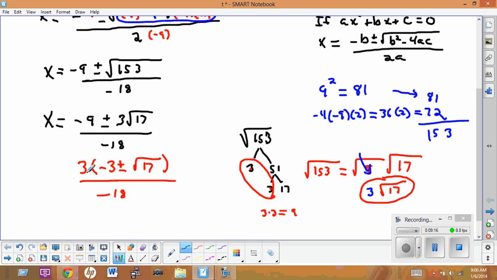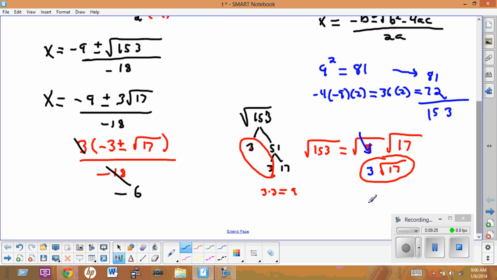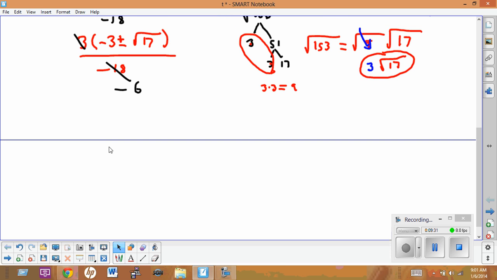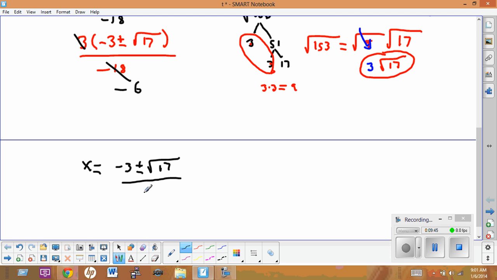And the 3 and the negative 18 can divide by a common factor of 3. I'm left with a 6. So our final answer in simplified form, the points where it crosses the x-axis, are x equals negative 3 plus or minus the square root of 17, all over negative 6.